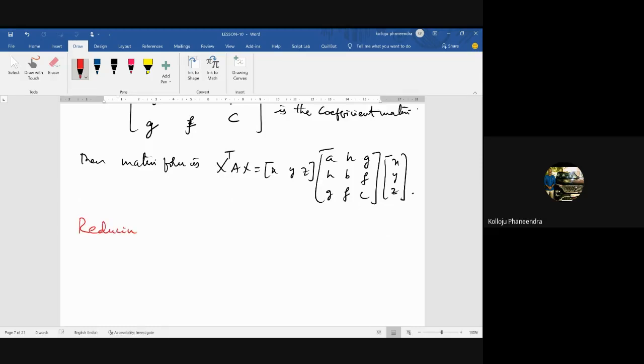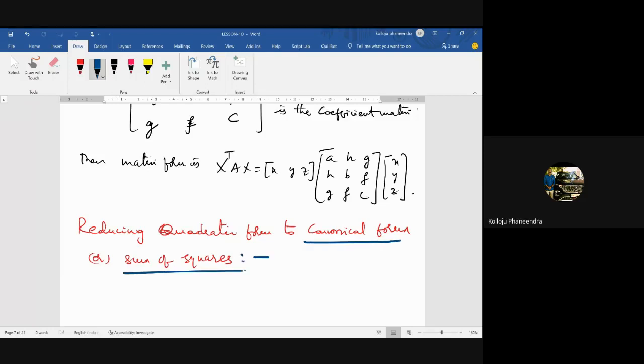Reducing quadratic form to canonical form, which is also called canonical form or sum of squares. Okay, this is very, very important.